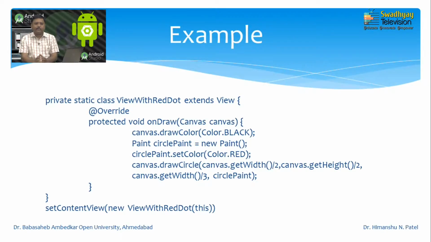Normally we use XML layout file inside setContentView, but you can also create an instance of this class inside setContentView. So, our screen will be filled with canvas, and inside canvas we draw a circle which is of radius 1/3 of the canvas width. This is how we can use canvas and paint together to draw something on screen.